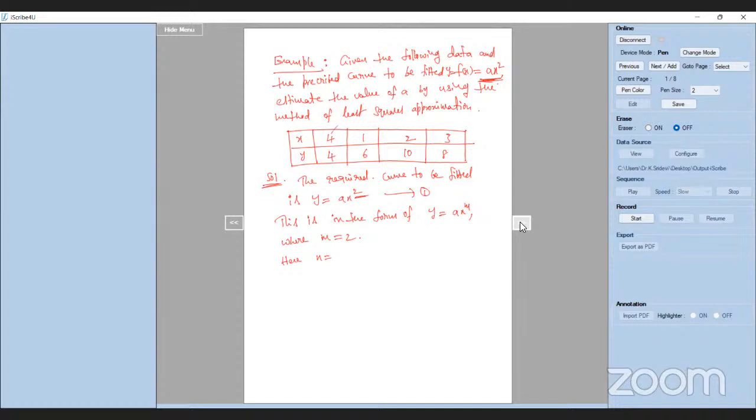What is n value? 1, 2, 3, 4. How many x values or y values? 4. That is n is equal to 4. So now, according to the procedure, to find the value of, what is a here? Parameter. A is a parameter.